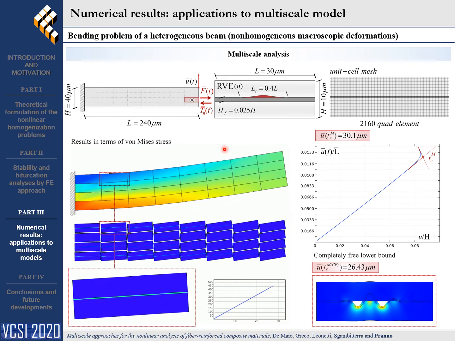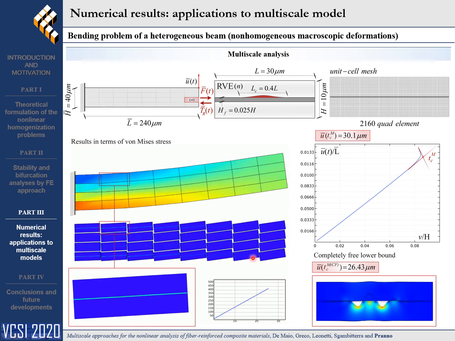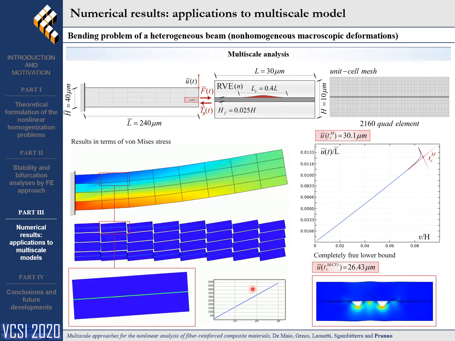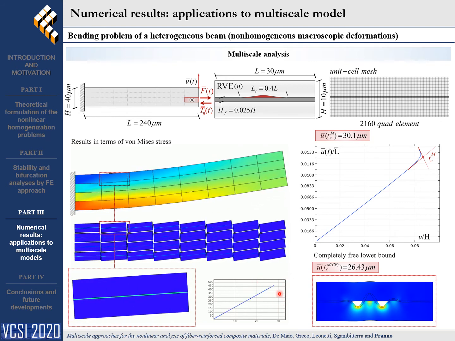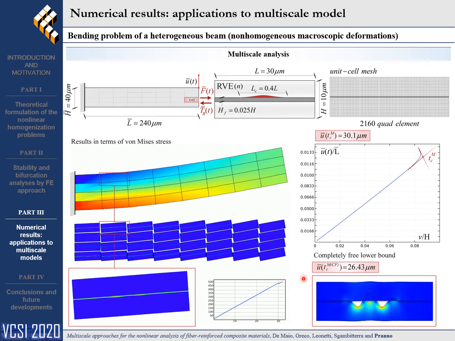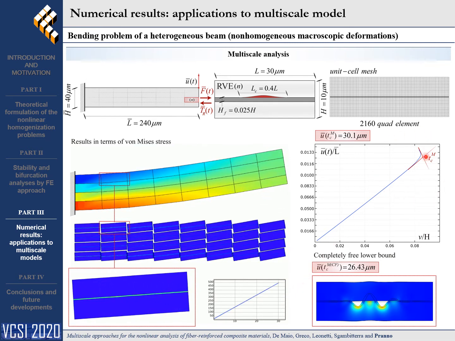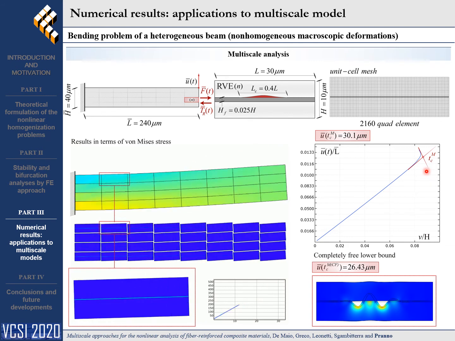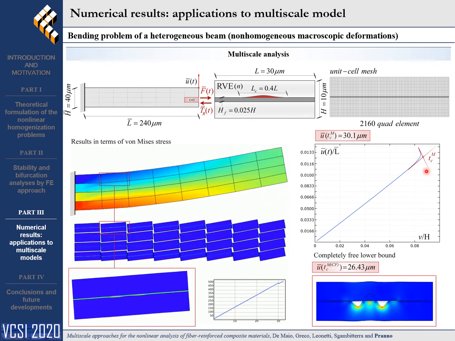In addition, here is shown the zoom on the critical cell and the curve representing the vertical reaction versus the macro displacement. It's worth noting that such curve shows a load jump in correspondence with the critical load factor that was measured by means of graphic extrapolation, and it resulted about 30 micrometers.